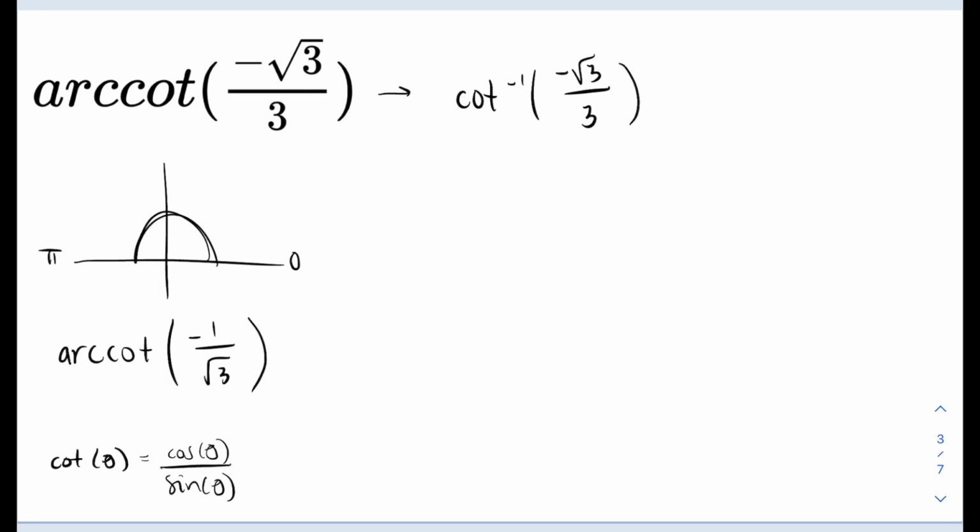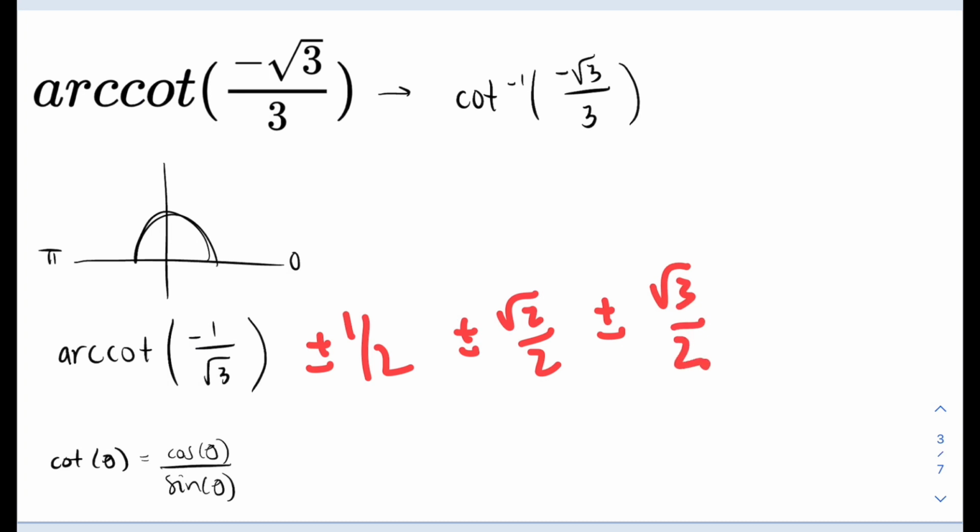So there are pretty much three options for cosine and sine: 1/2, radical 2 over 2, and radical 3 over 2. Those are kind of my options for cosine. Plus or minus 1/2, plus or minus radical 2 over 2, plus or minus radical 3 over 2.